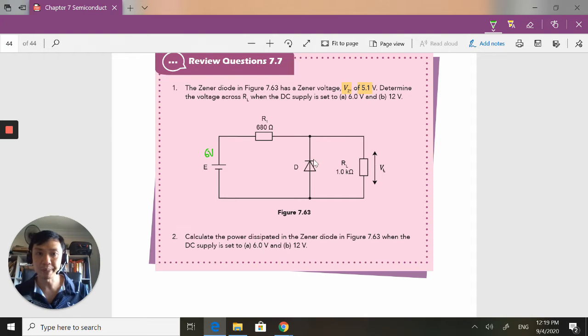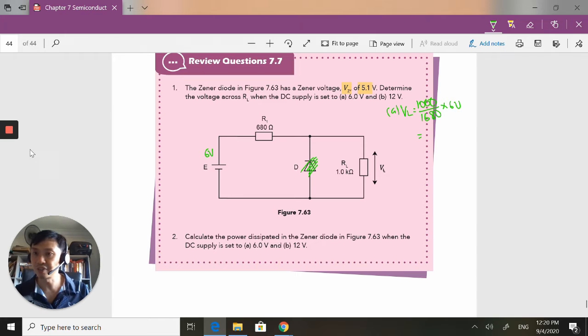Remember, I'm going to not consider the zener; I'm going to treat it like an open circuit and find VL here. So part A, VL equals 1000 over 1680 multiplied by 6 volts.